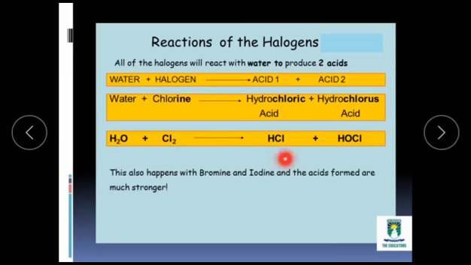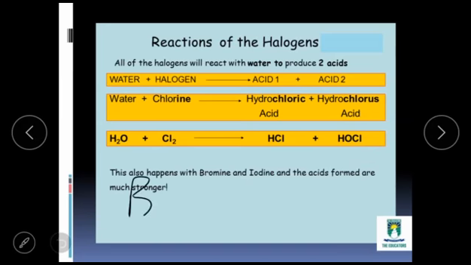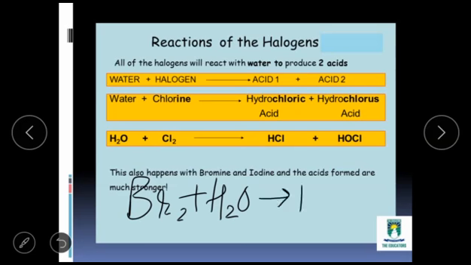So what will be the reaction between bromine and water? When bromine reacts with water, it will give us HBr plus HOBr.